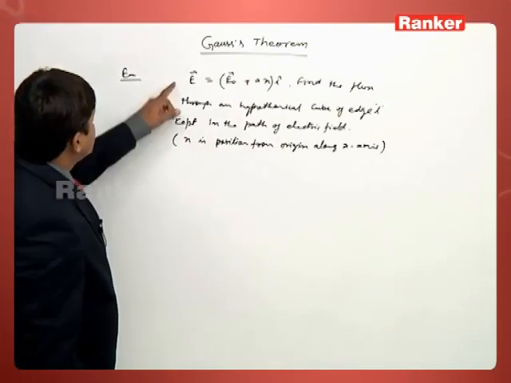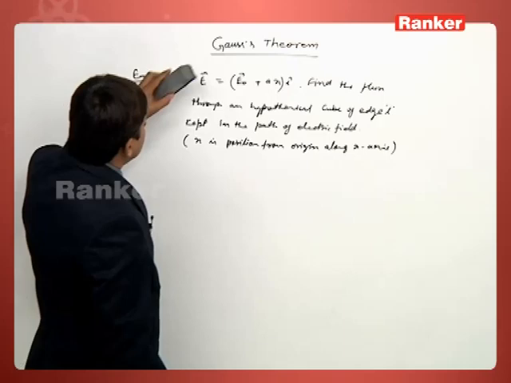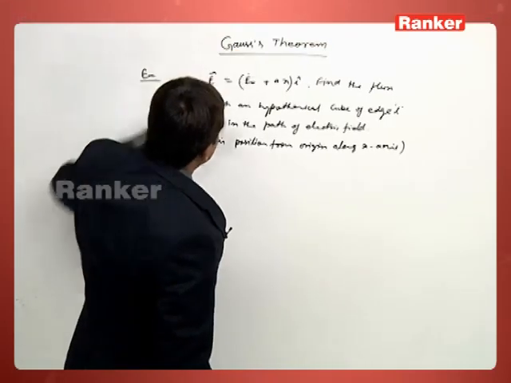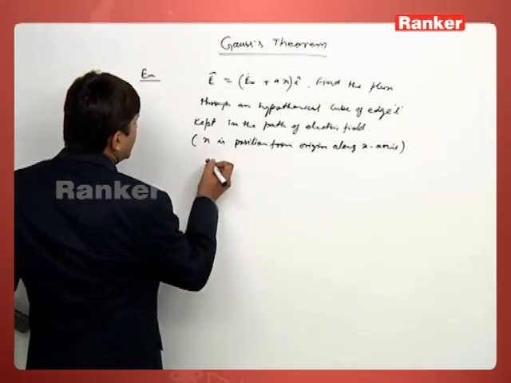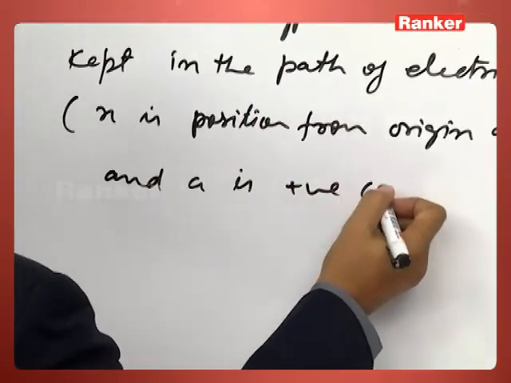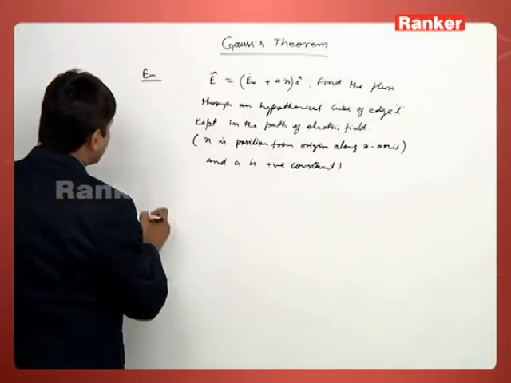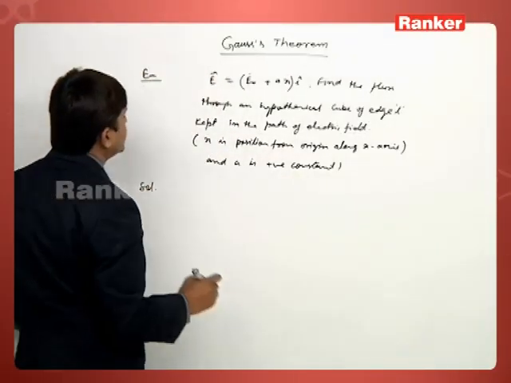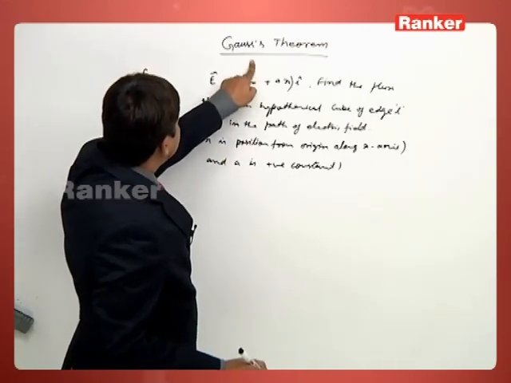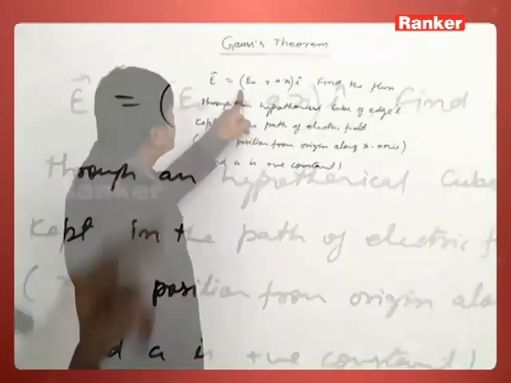So here the electric field E is given as E naught plus Ax i cap, and A is a positive constant. First of all, from this expression the electric field is variable, because as the x value changes, the electric field changes.